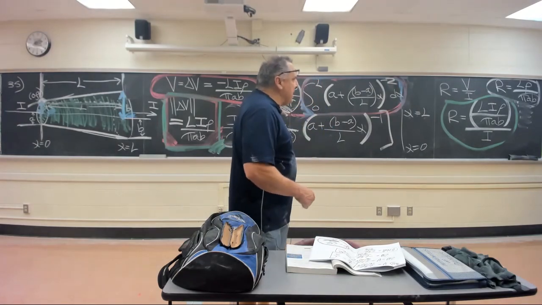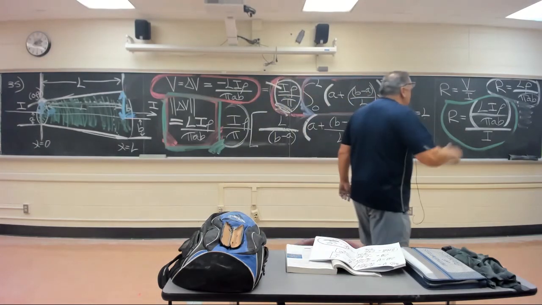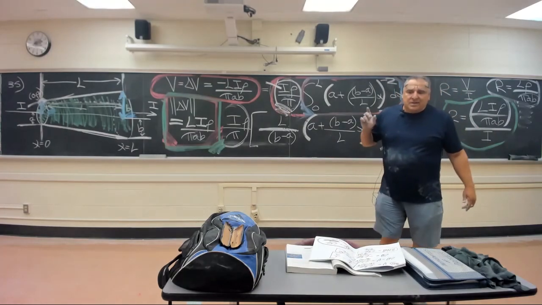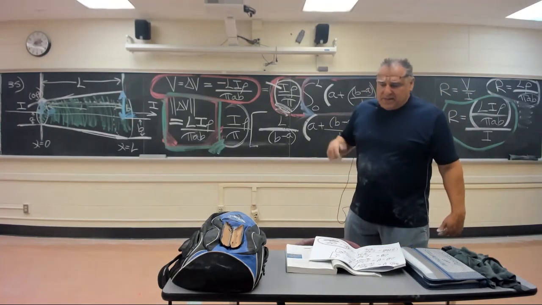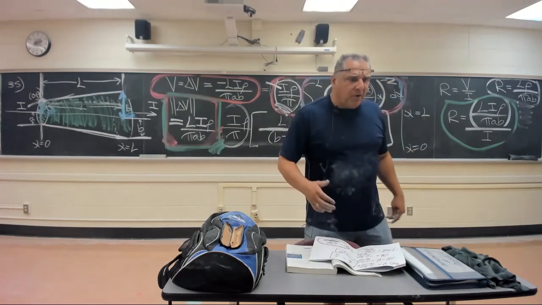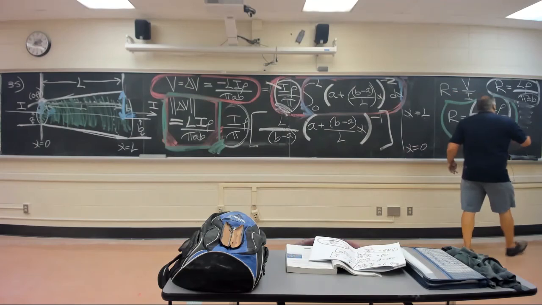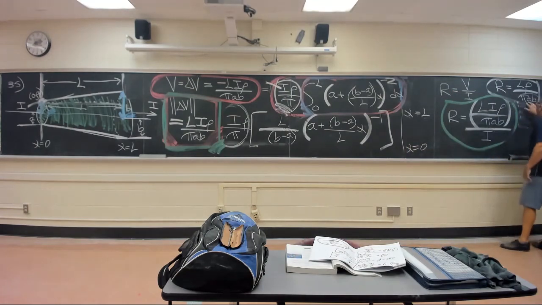If A is big and B is big, that's indicative of big areas. Didn't we say that big areas tend to offer less resistance? So something associated with big areas, big down here, big divided into something tends to give you a small resistance.